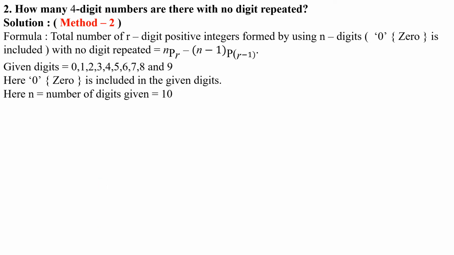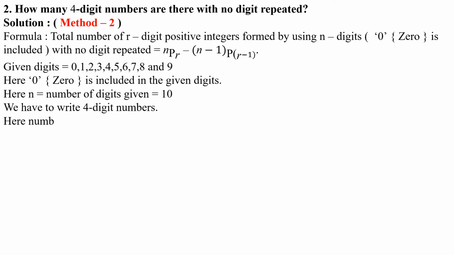Yes. Now which type of numbers are we going to frame? Yes, 4-digit numbers. So 4 denotes r. Here the r value is 4.